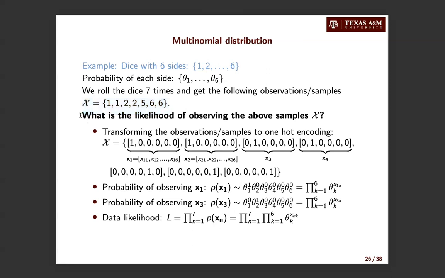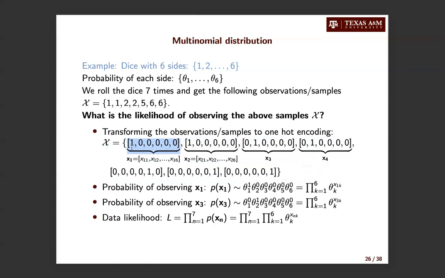So if we were to have a multinomial distribution and denote the likelihood of observing the above samples, what we could do is transform these observations into a one-hot encoding, which is denoted from here. Each of the elements of the one-hot encoding corresponds to one observation.